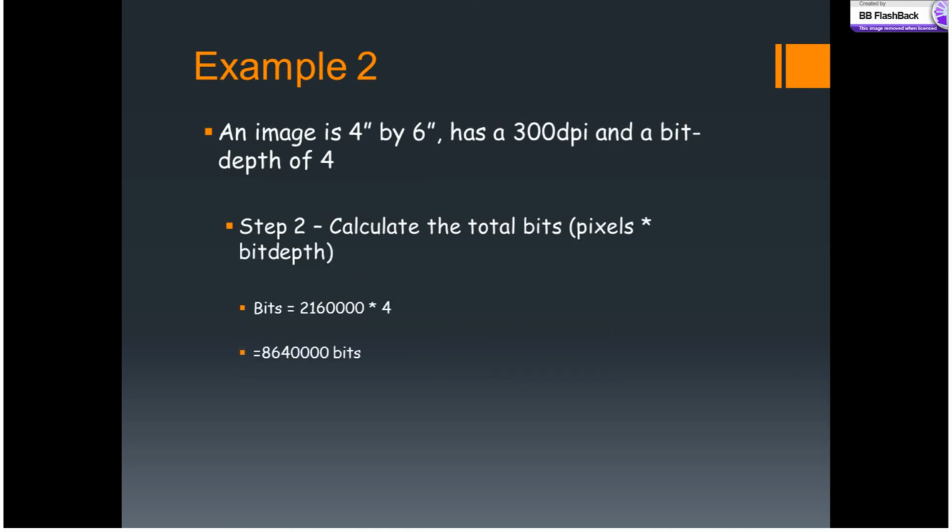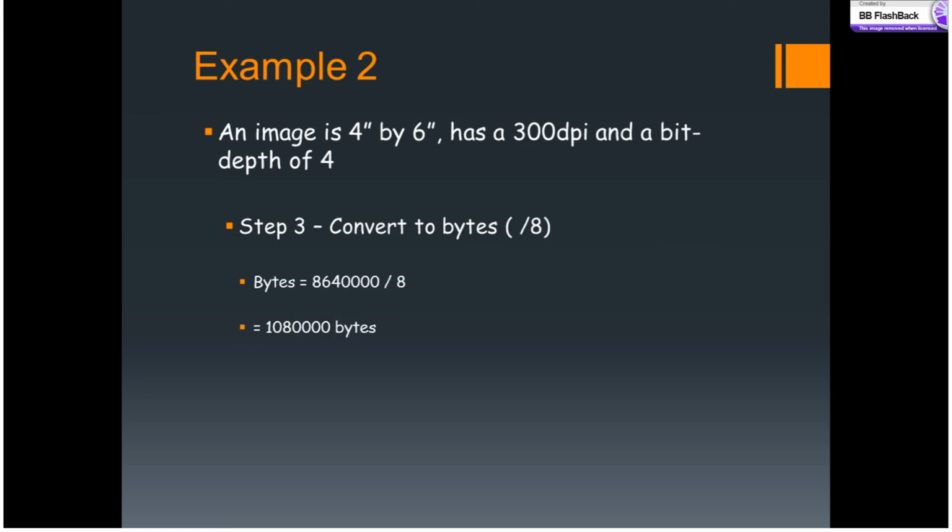Get the bit depth. It told me the bit depth was 4, so all I need to do is multiply the number of pixels by 4. And we end up with 8,640,000 bits. I need to now convert that into bytes. To convert it into bytes, divide by 8.